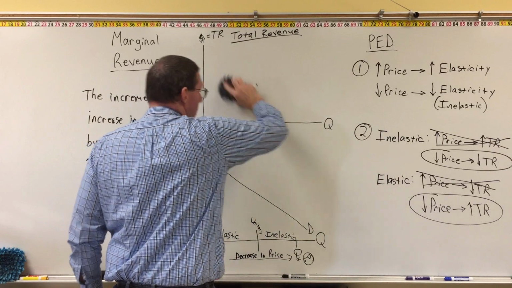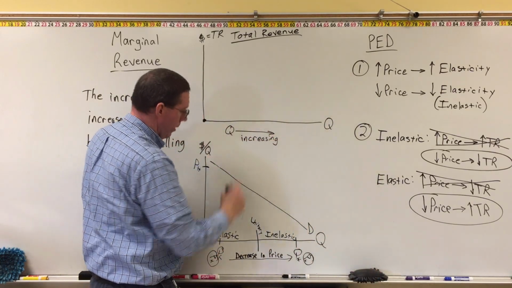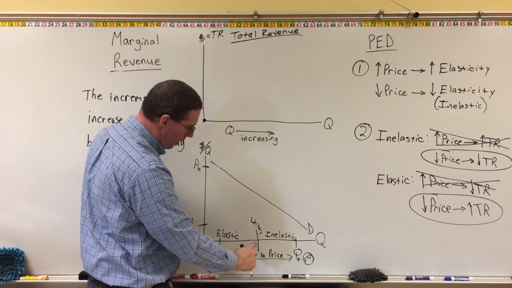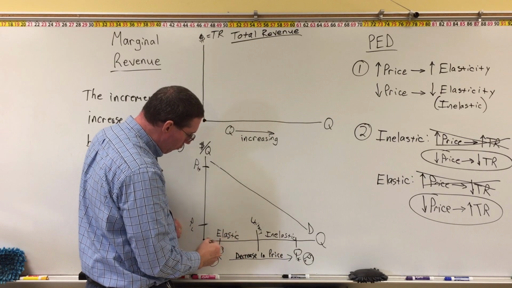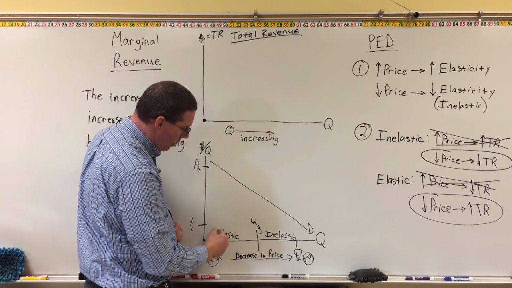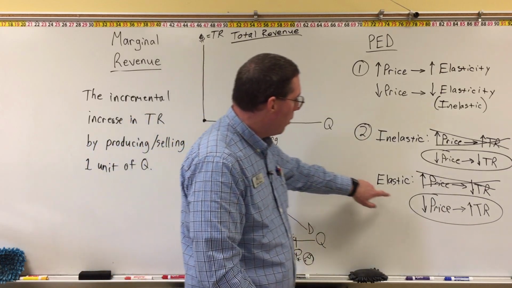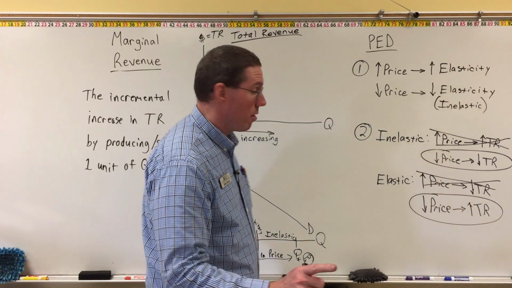But as we start increasing in quantity, look, as we increase in quantity, we decrease in price. And in the very first region here, the elasticity of demand is elastic. And when the price decreases, total revenue increases.